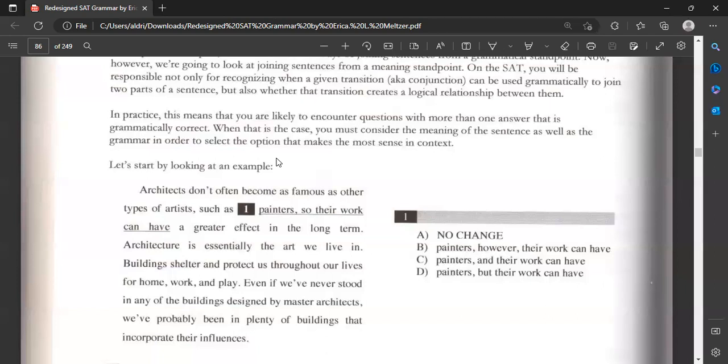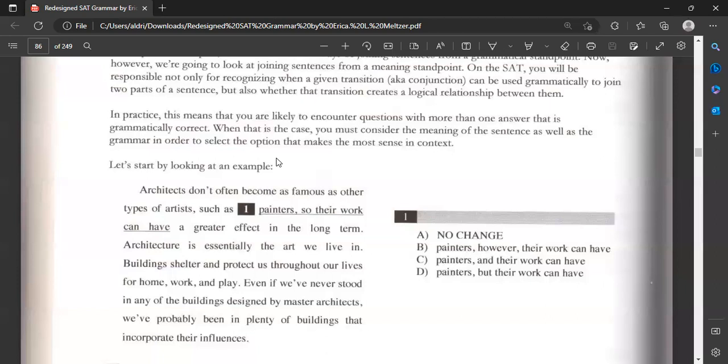Even if we've never stood in any of the buildings designed by master architects, we've probably been in plenty of buildings that incorporate their influences. All right, so I guess we're focusing on the first sentence.